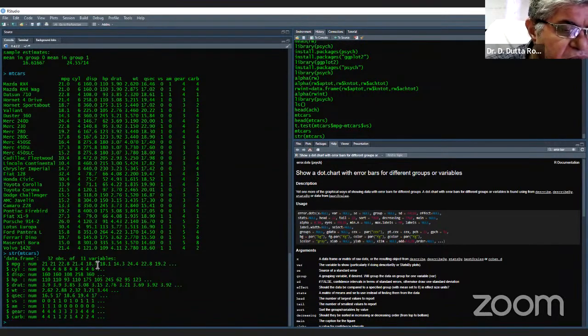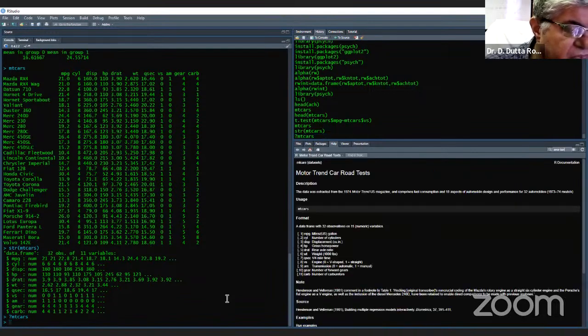And you have to find out whether the mpg differs by the vs. Okay. So if you want to know what is mpg and what is vs, am, etc., then you can write down the help command.